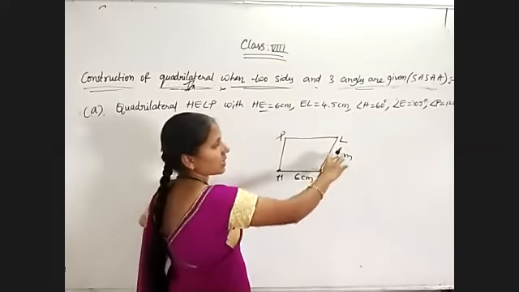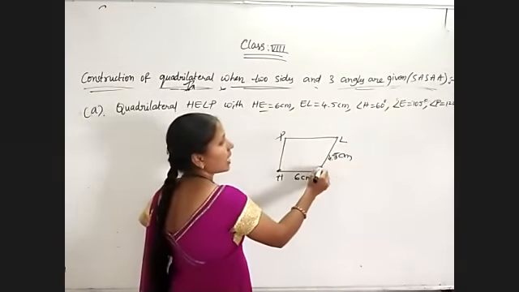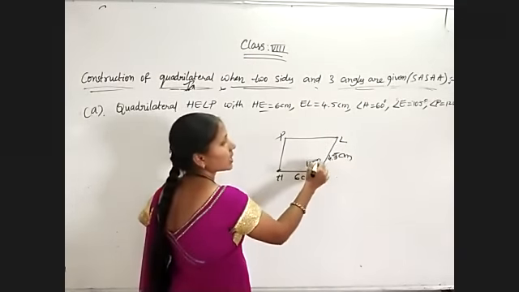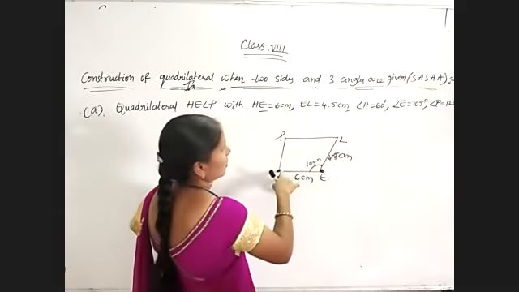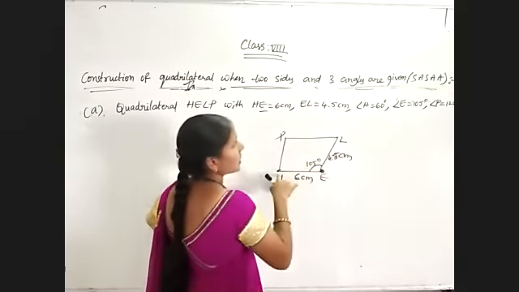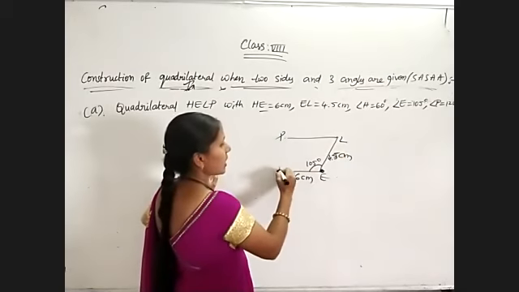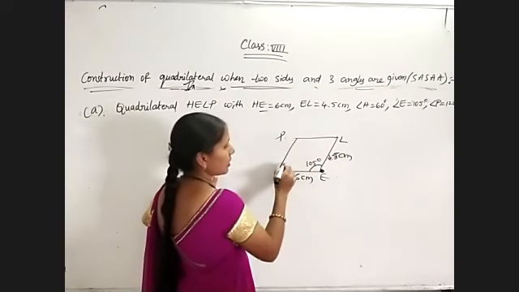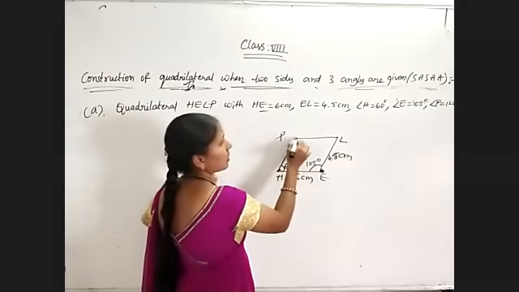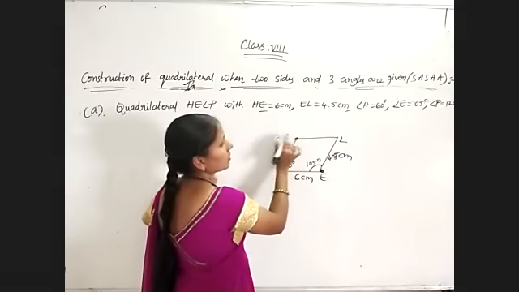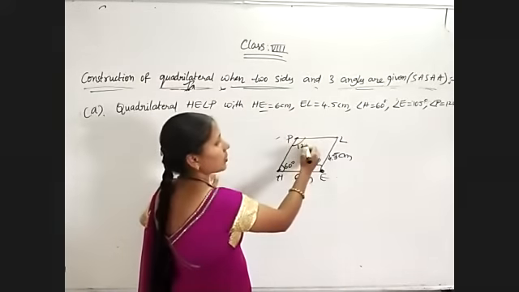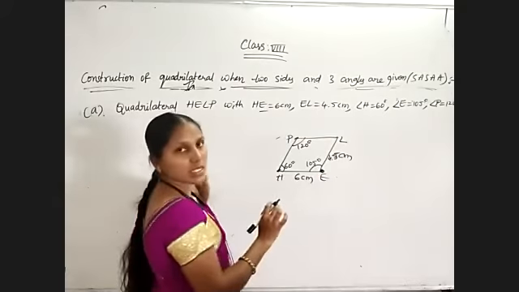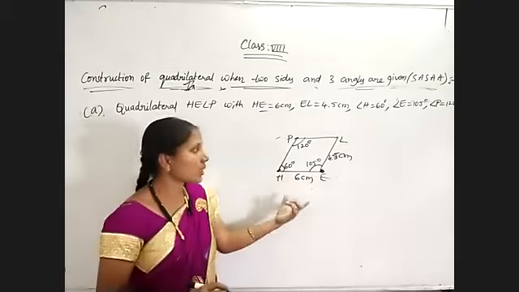HE is 6 centimeters, EL is 4.5 centimeters, angle E is 105 degrees, and angle H is 60 degrees, which means an acute angle. Like this we will get it. Now, angle P is 120 degrees, so it is an obtuse angle. These are the measurements which are given in the question. With those measurements we have done.